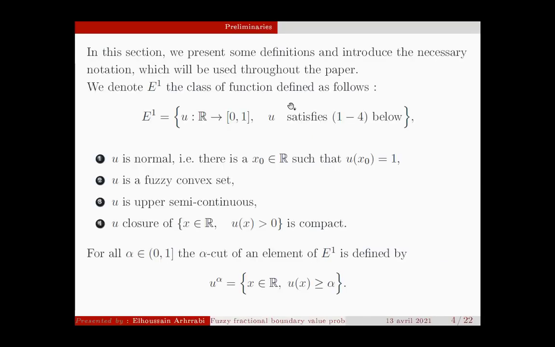In this section, we present some definitions and we introduce the necessary notation. We denote by E1 the class of functions defined in R into [0, 1] such that they satisfy the four properties below. For all alpha in [0, 1], the alpha cut of an element of E1 is defined by this formula.